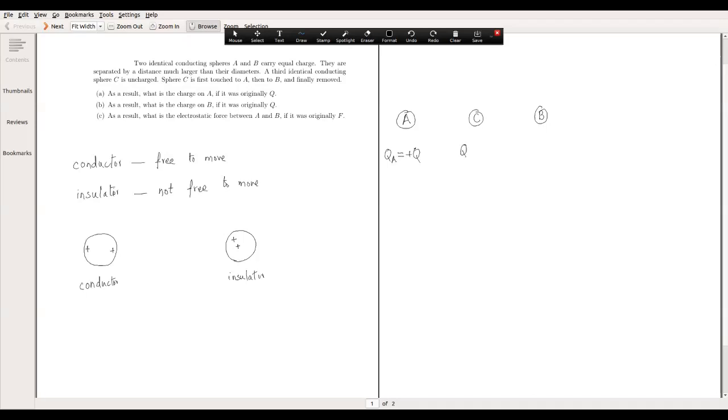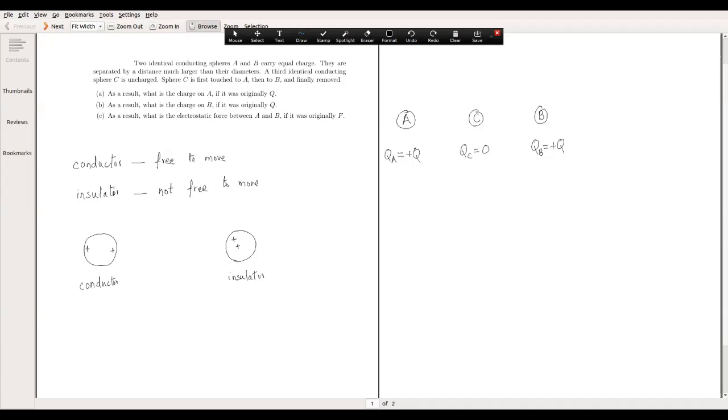Q on the charge C is 0, and charge on B is identical to A, so it's plus Q. So that's a scenario, and they're all far away. They have finite distances between them, but it's understood that C is not affecting A and B in the sense that it is not polarizing the charge.